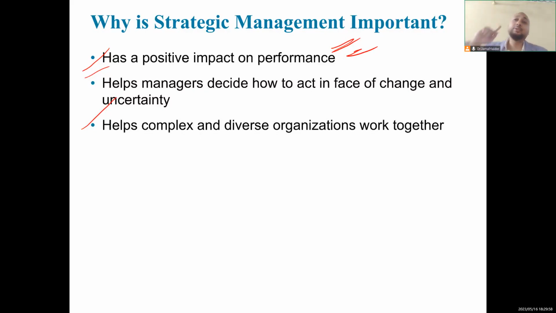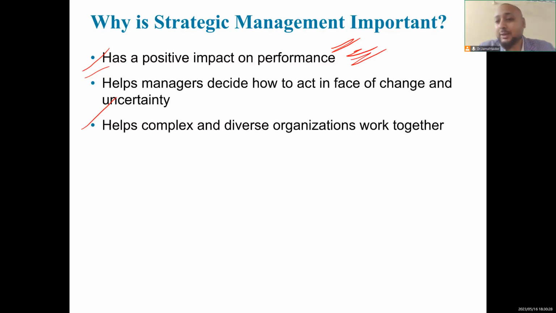Because the short term is based on the long term, right? We talked in our planning chapter, the previous chapter, about dividing the goals and achieving those smaller short-term goals ultimately leading towards the long-term goals. So, of course, if you are achieving the short-term goals, you are achieving the strategic management long-term goals. All right.